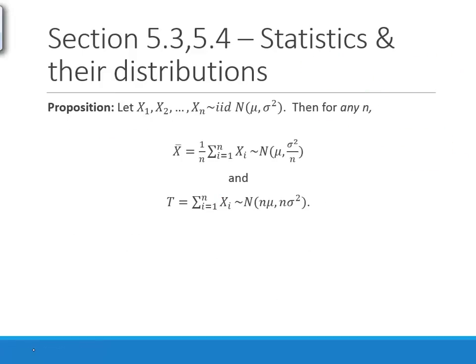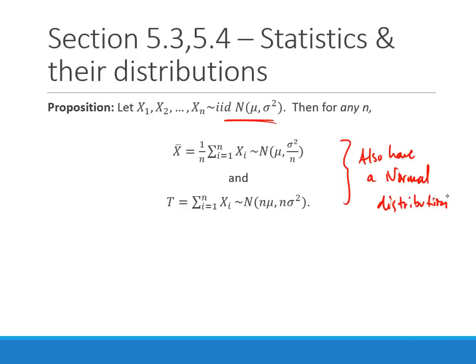Okay, so very formally, what we can say here is that in the special case where my random sample is from a normal distribution, so each of my random variables is normal with mean mu and variance sigma squared, then the distributions for the mean and the sum are also going to be normal, with those same properties as what we just saw.